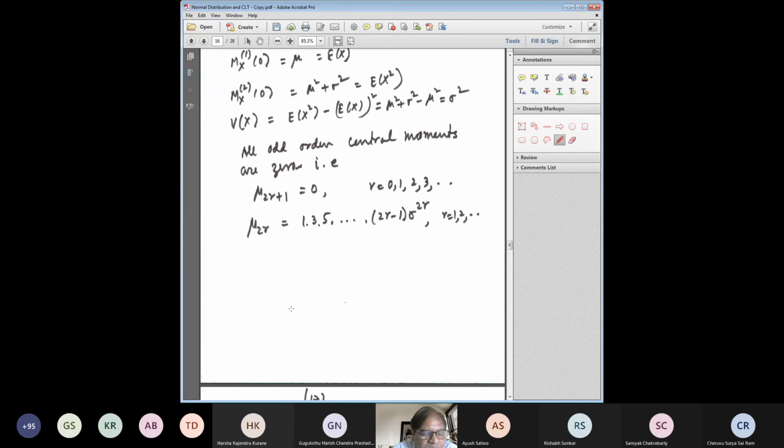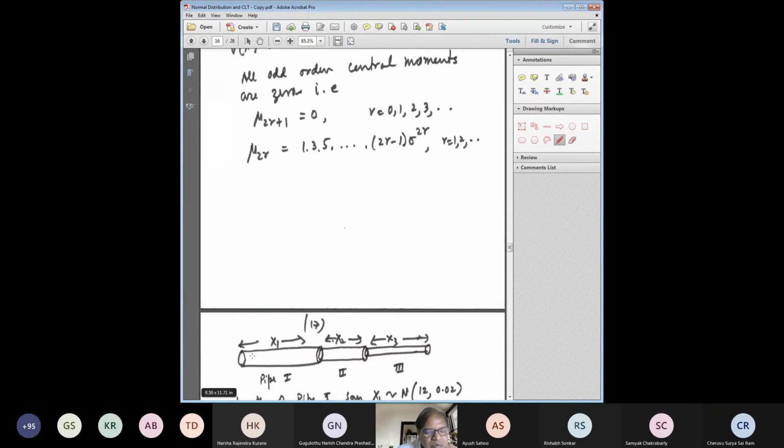There are many problems framed on this. One problem is, say you have 3 pipes with different diameters, and they are connected. This is one pipe, this is another pipe, and these represent the lengths of the second and third pipes.